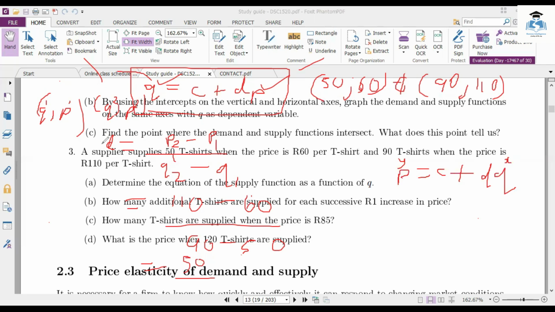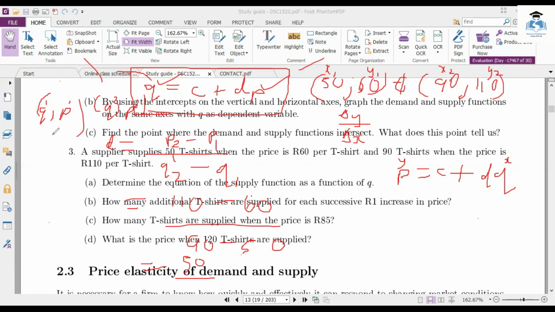So when determining the gradient, we say change in y over change in x. Is it because you're asking as a function of Q, that's why we are inversing it? Yes, remember, normally it's a function of Q.